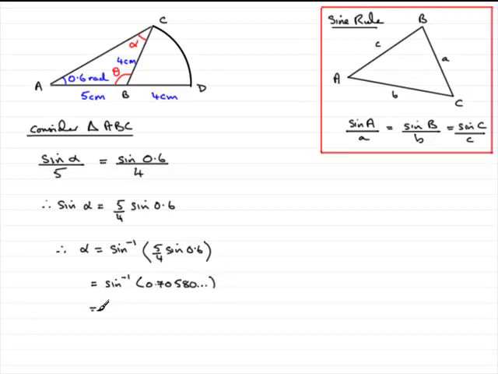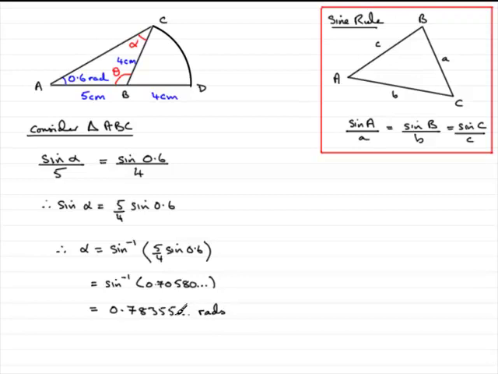And if you inverse sine that, make sure you're in radians mode, by the way, when you're doing these calculations on your calculator. If you do that, you will end up with 0.78355 and so on radians.